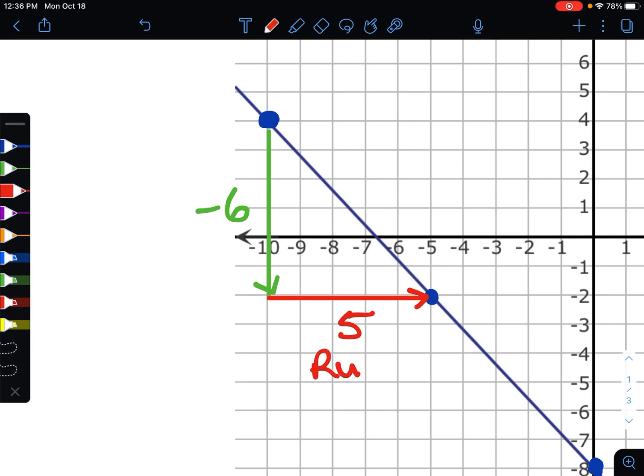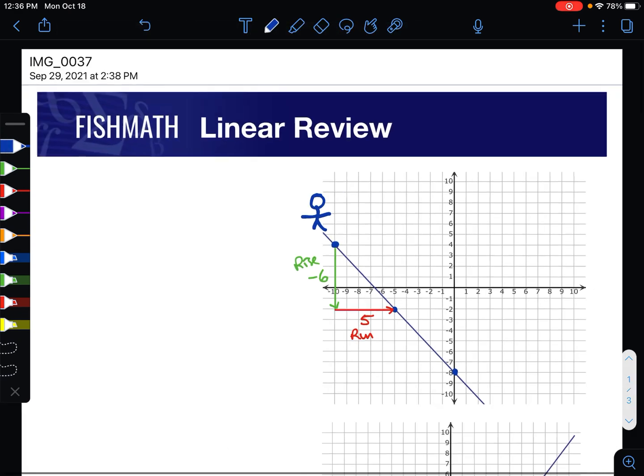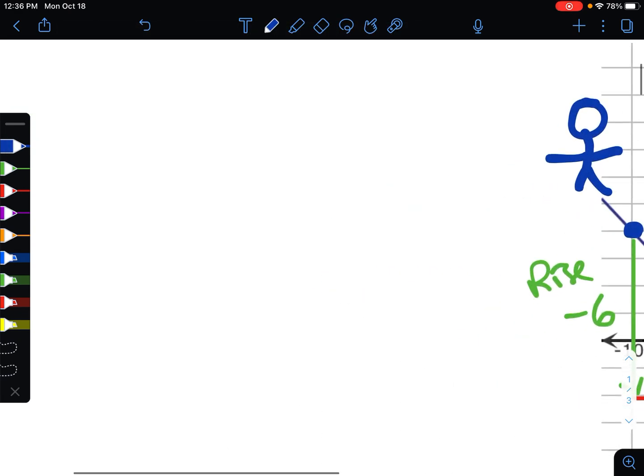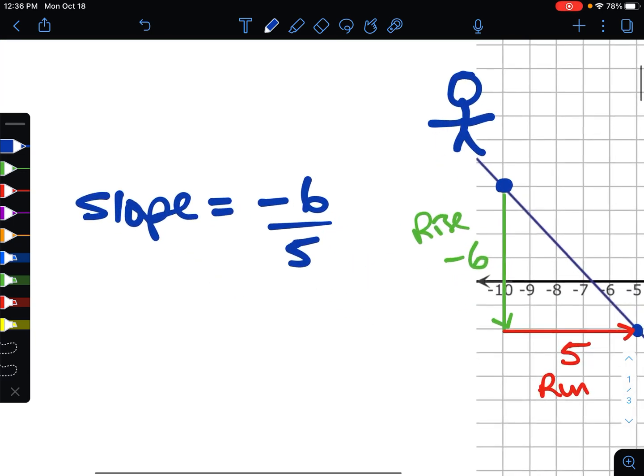This is the run, and this is the rise. It makes sense that this is negative because this line is going down from left to right. This little person would be sliding down, which means the slope is negative. So our slope is the rise over the run, which here is -6 over 5.